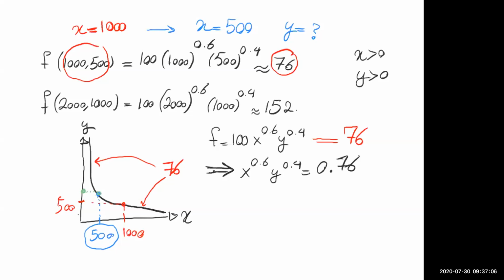So for example, we should solve this equation. I don't solve it here. You can do it simply with a calculator, and you would get some value here, I don't know, say 700.